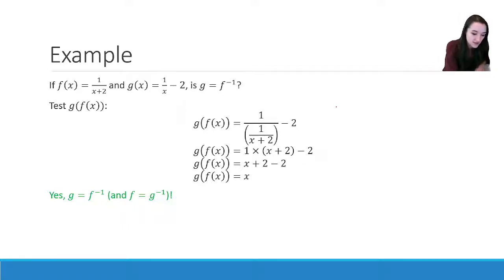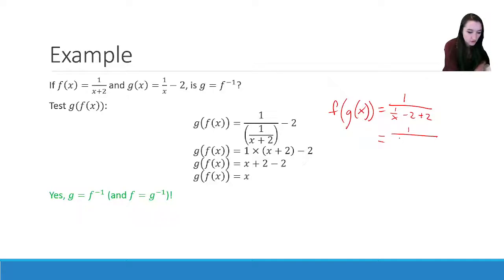So if I test f of g of x as well, I'm going to get 1 over x minus 2, plus 2, which is 1 over x plus 0, because these two combine together, so plus 0, it goes away.